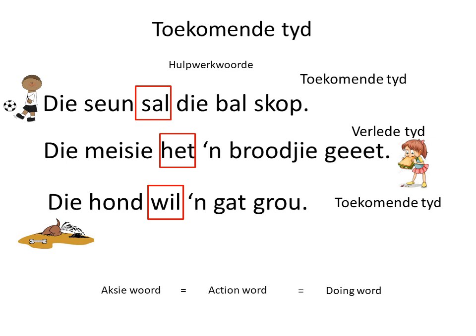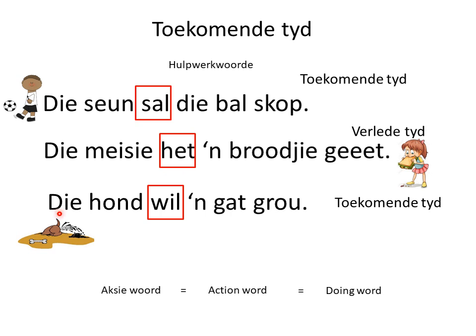The second example. Die meisie het 'n broodjie geëet. When did the girl eat the bread? Somewhere in the past, verlede tyd. That is why we are using het, past tense.